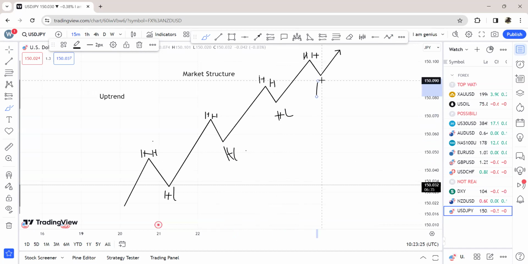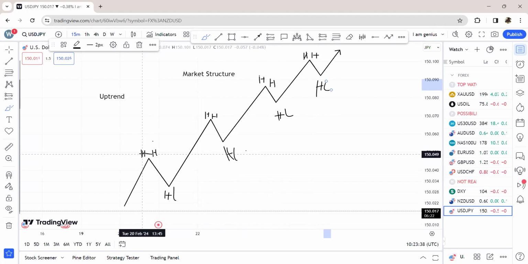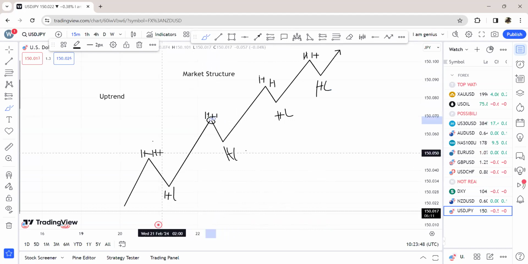Another one here, that's H and L. So that's HL, higher low, higher low. Then on top, it's higher high, higher high, higher high, just like that. Now what that means is this high is higher than this previous one. Hence the name higher high.